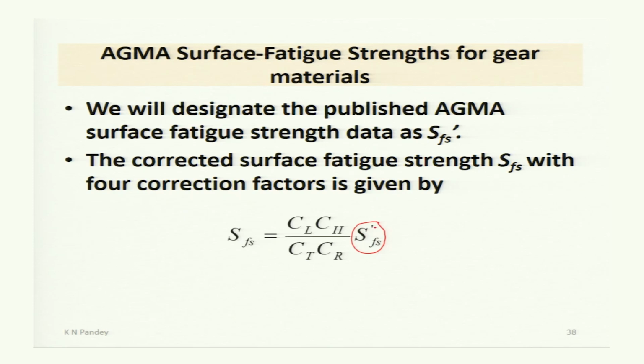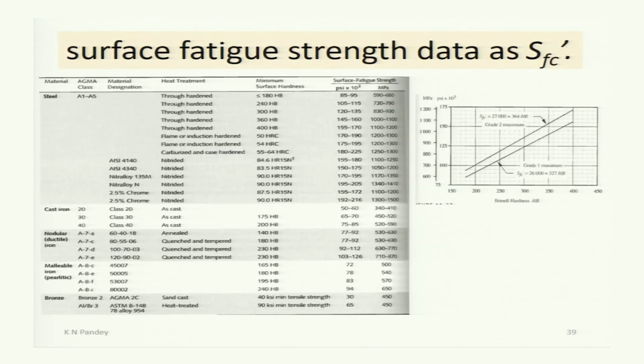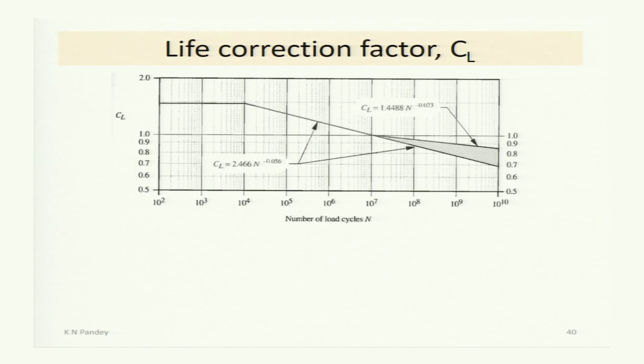You get SFC dash, and it is modified with the help of modifying factors: the life factor, the hardness correction factor, temperature factor and the reliability factor. These are the tables and graphs to get the SFC dash, the contact fatigue strength obtained from the literature, that is corrected with the help of the correction factors CL. Then we will study in our next class.